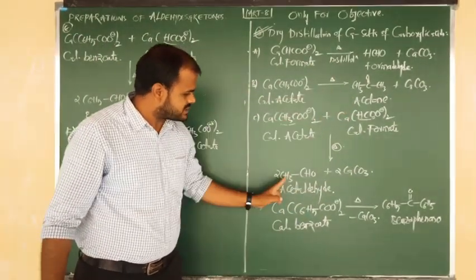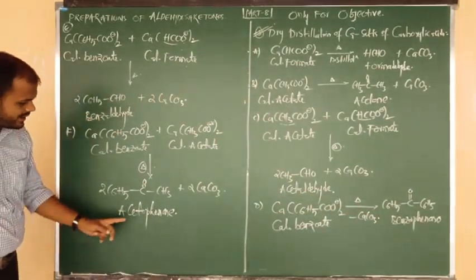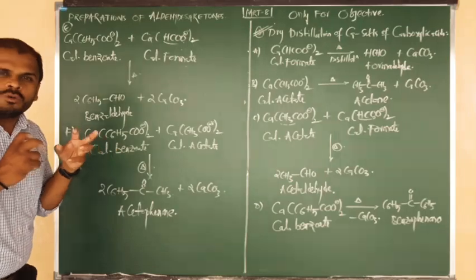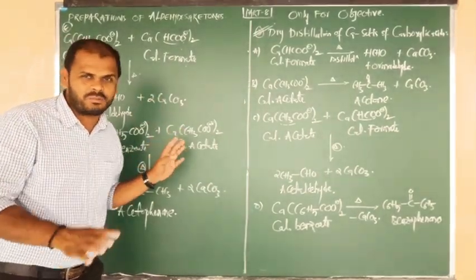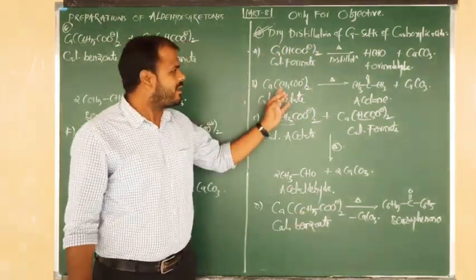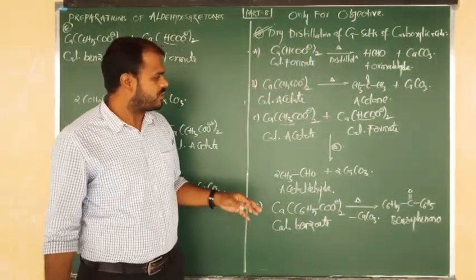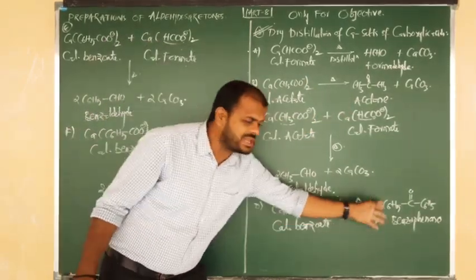Formaldehyde, acetone, acetaldehyde, benzophenone, benzaldehyde and acetophenone. Almost all the very important aldehydes and ketones we have prepared. Once again, calcium formate gives formaldehyde, calcium acetate gives acetone, calcium benzoate gives benzophenone.